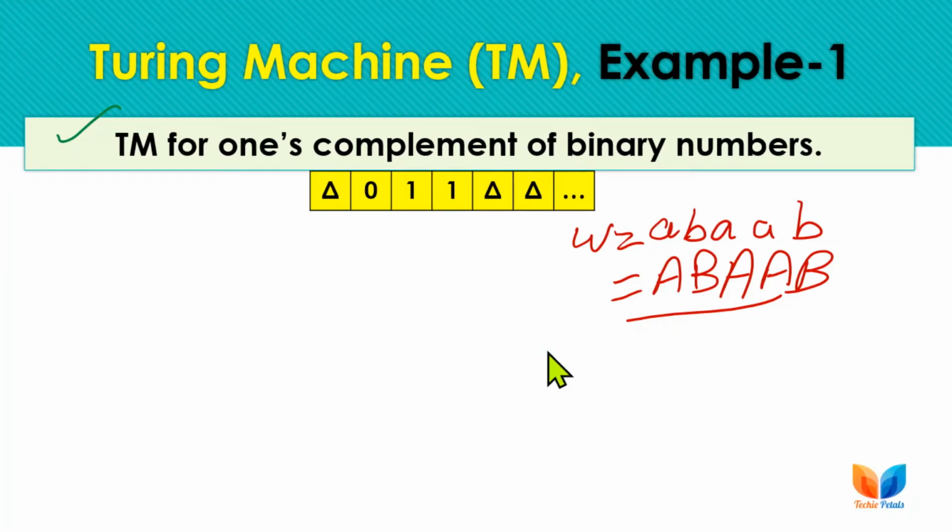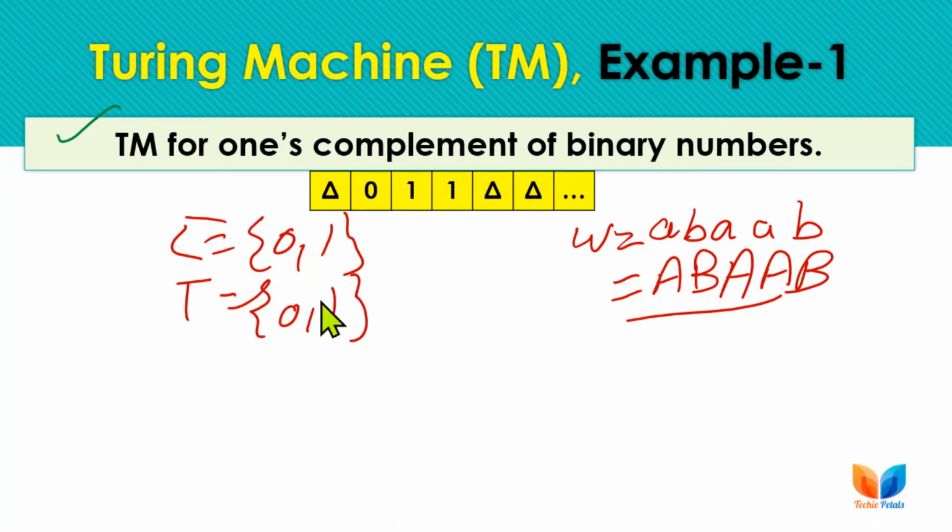Now for this particular question, the approach will be exactly the same as the question that we covered in the previous lecture, except that the input symbols and the output symbols are the same, means inputs are 0 and 1 and the tape symbols are also 0 and 1, because we need not have any other symbol for the output and for the computation, as 1 will be converted to 0 and 0 will be converted to 1 for the 1's complement.